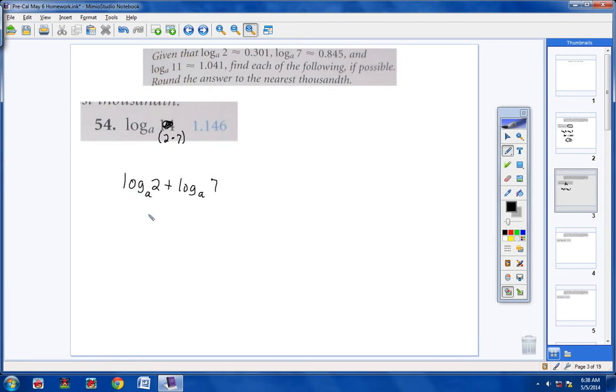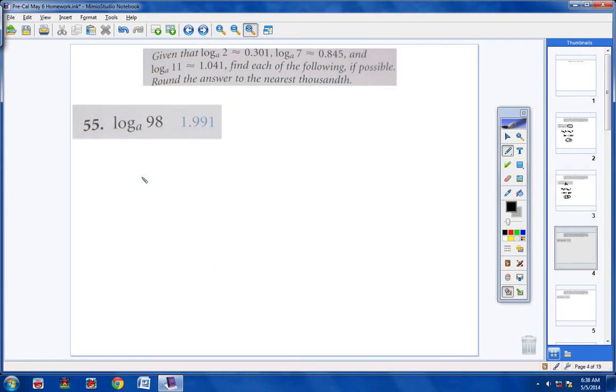The logarithm of 2 is 0.301, and the logarithm of 7 is 0.845. When you add them together, you will get 1.146.